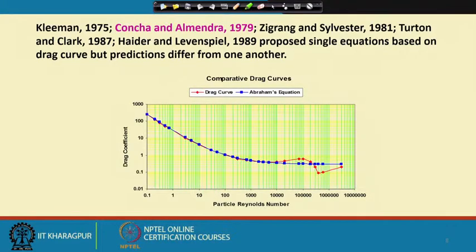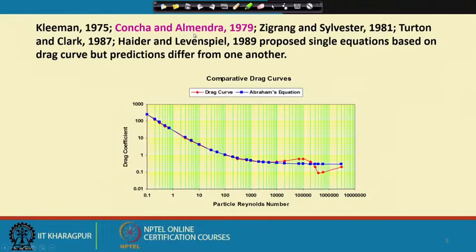I personally believe that I must use the equation which can predict the standard drag curve most accurately. For that, the Concha and Almendra equation, as I said, is frequently used and is really a robust equation.